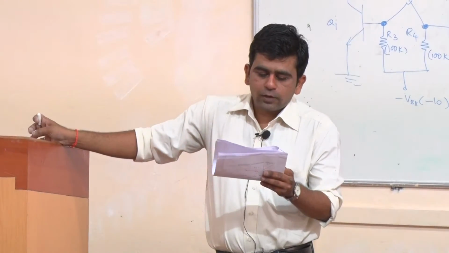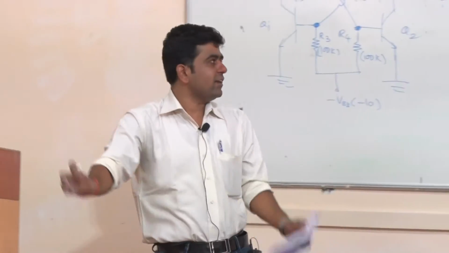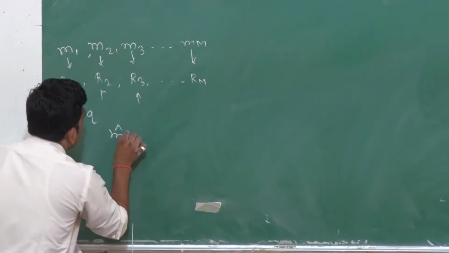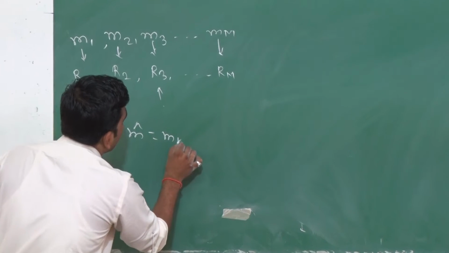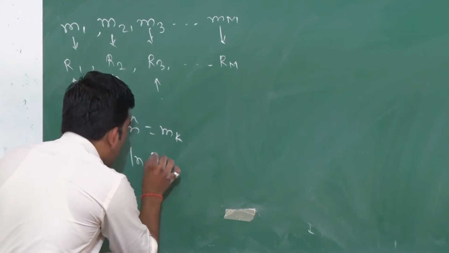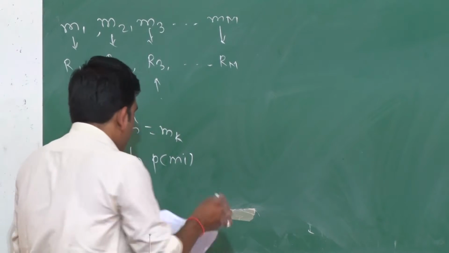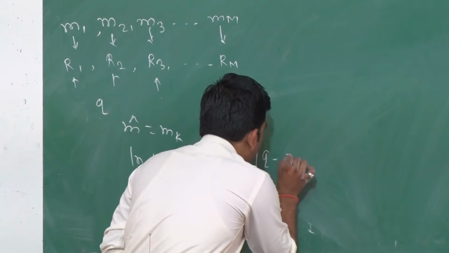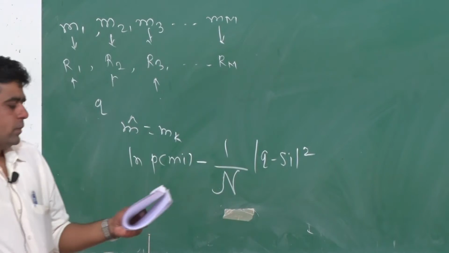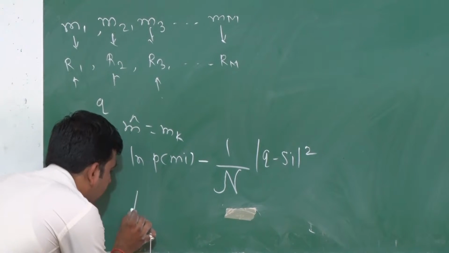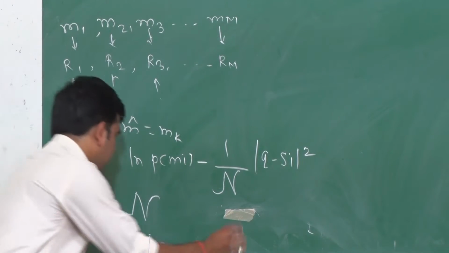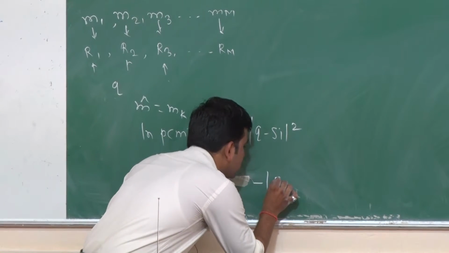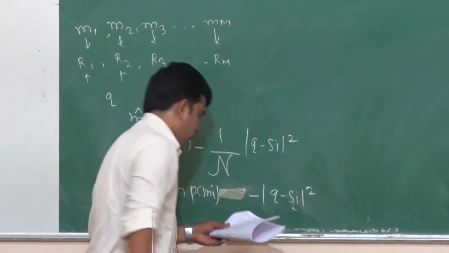So write down the decision function for correct decision, M cap is equal to Mk. This is given as N natural log of probability of Mi minus the norm of Q minus Si squared, where N is the noise power spectral density.